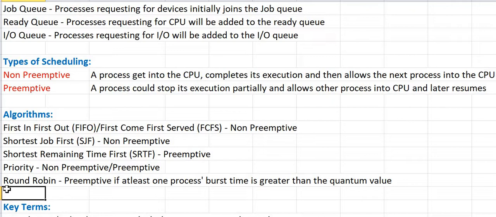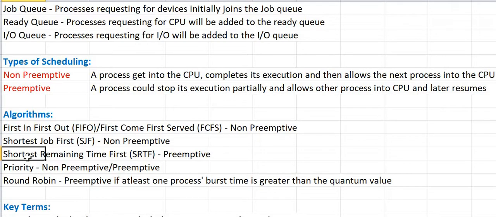It can be either preemptive or non-preemptive. The first option is non-preemptive, where the shortest job is selected, enters into the CPU, completes overall and then exits.